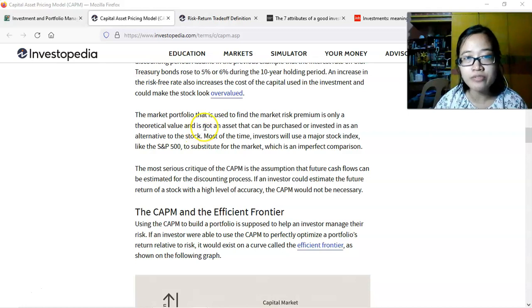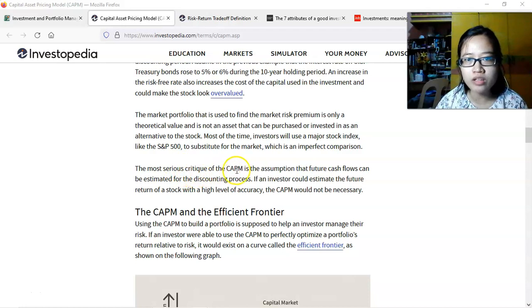Rather not. The market portfolio that is used to find the market risk premium is only a theoretical value and is not an asset that can be purchased or invested in as an alternative to the stock. But, PSCI, it's available. For most of the time, investors will use a major stock index like the S&P 500 to substitute for the market, which is an imperfect comparison, right?